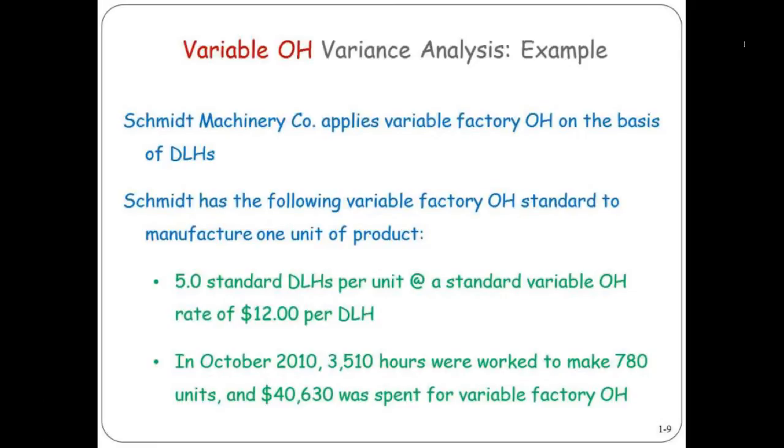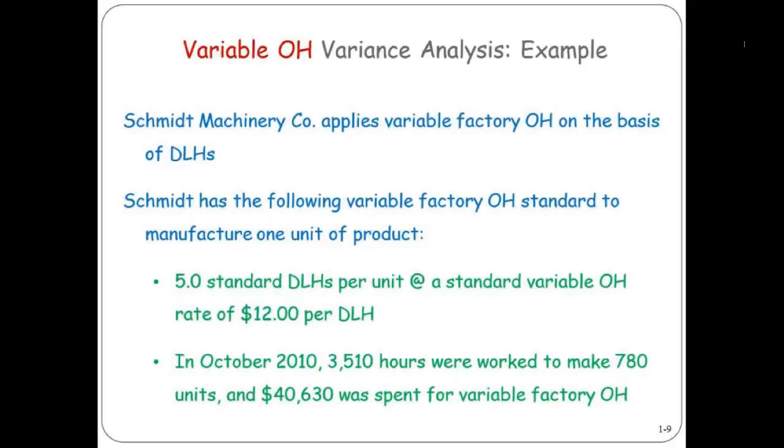Schmidt Machinery, I think we talked about them last week. It's a continuation of the same model. We know that there are 5 standard direct labor hours for every unit of goods sold. That's your standard. And your standard overhead rate is $12 per direct labor hour.